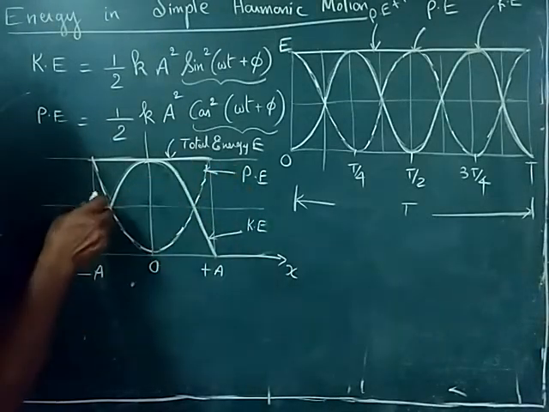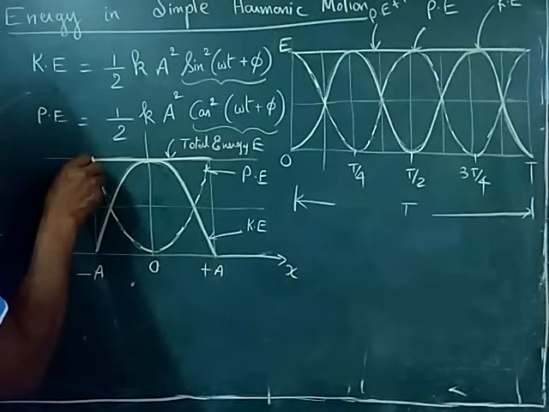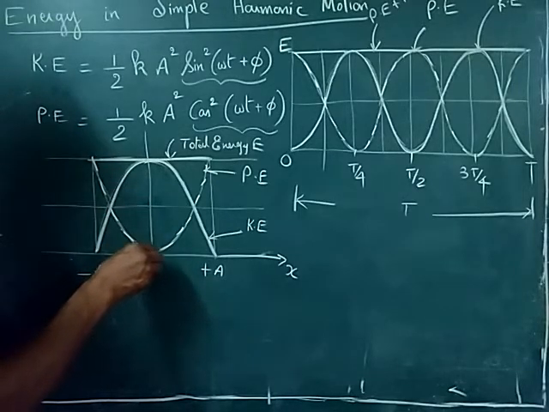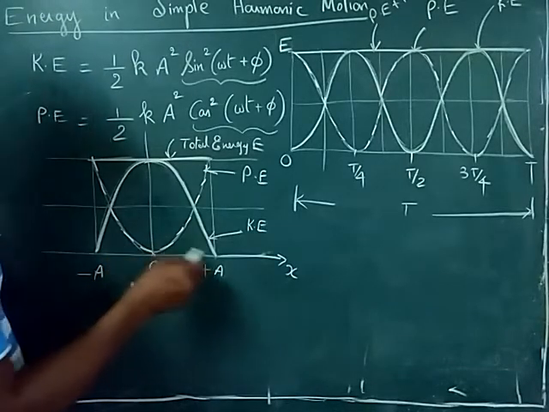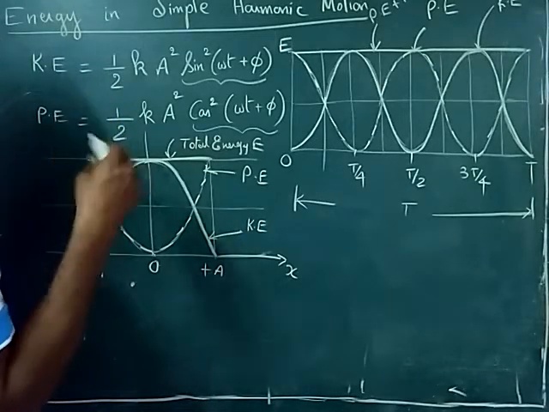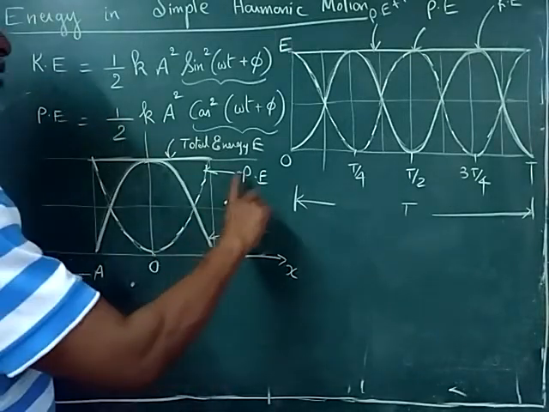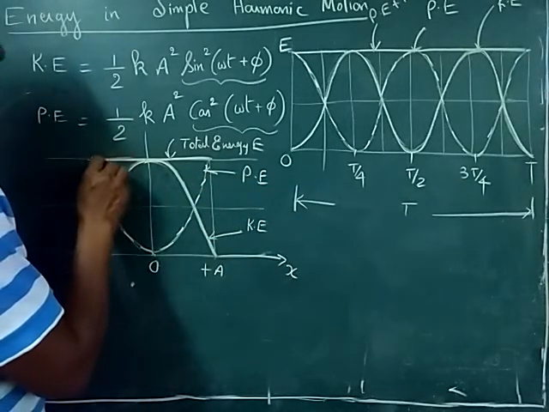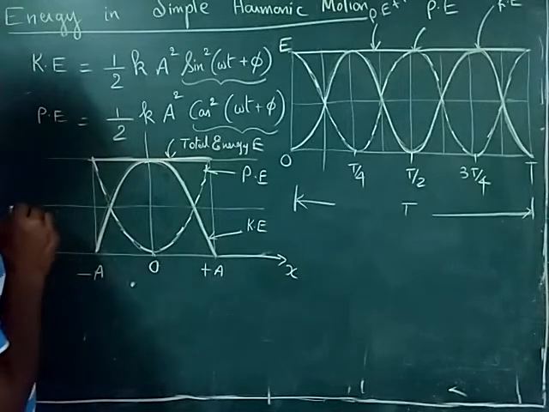So if you take potential energy at minus A, it is maximum, and at 0, when the displacement is 0, potential energy is 0, and when the displacement is plus A, it is having maximum energy. But at any point of time, if you try to add potential energy and kinetic energy, it will have a constant value.